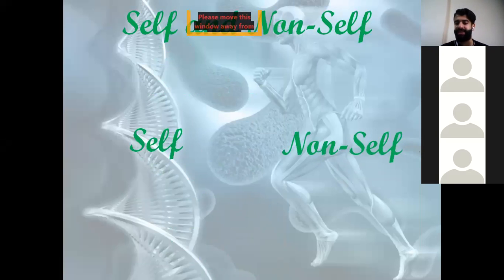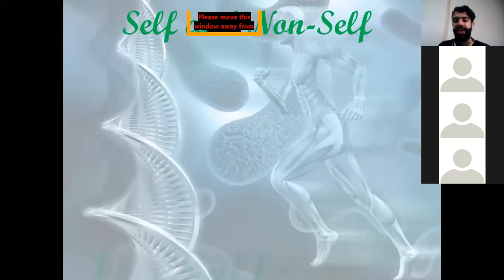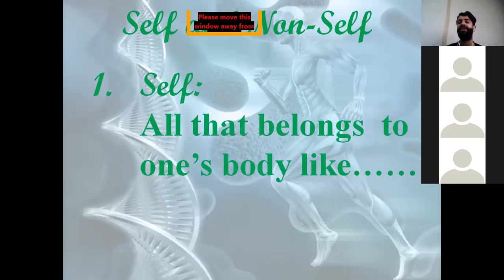Self and non-self: what is the meaning of self and what is the meaning of non-self? Self is everything that belongs to one's body, like my skin, my hair, my nose, my mouth, my liver, my pancreas, my kidney, my stomach, my heart. All of them belong to my body, so we call them self.